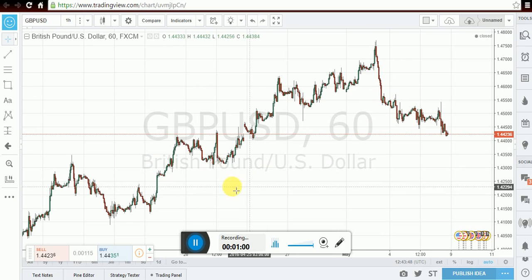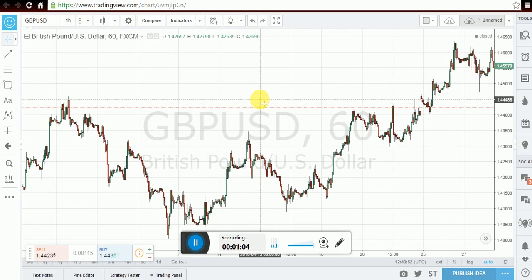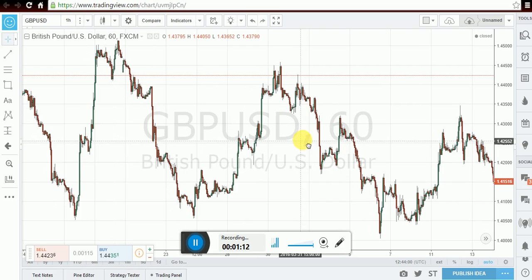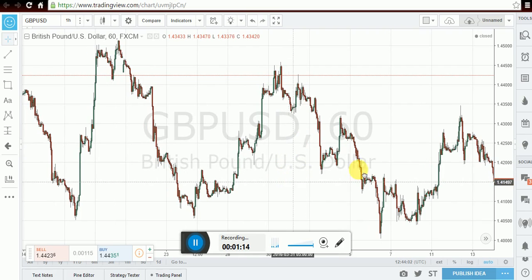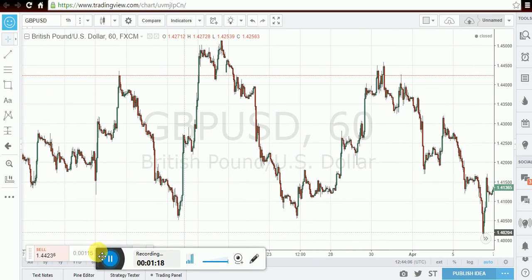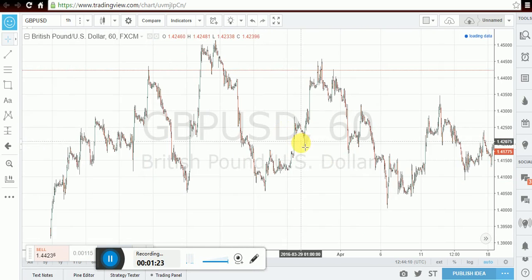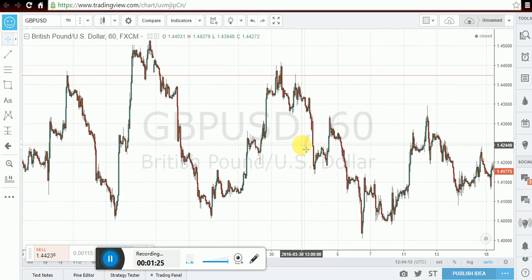I'm going to scroll over and try to find an area of the chart where I see some sort of consolidation or sideways movement, because as you know, that's where you're likely to see some of these advanced patterns. Right here I can see a part of the chart that's random really, a sideways market.